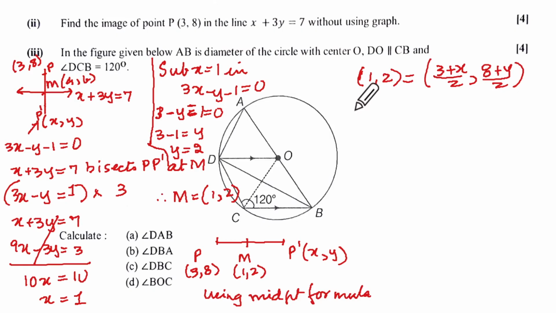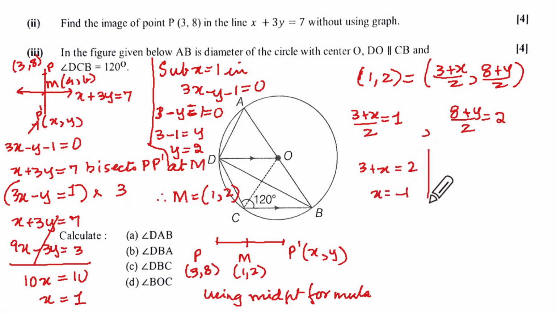So 3 plus x upon 2 equal to 1 and 8 plus y upon 2 equal to 2. So 3 plus x equal to 2, x equal to minus 1.